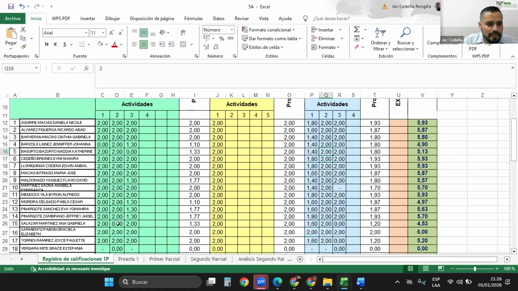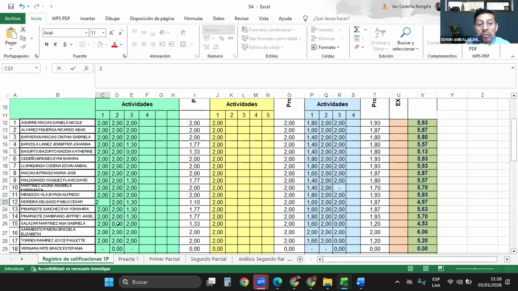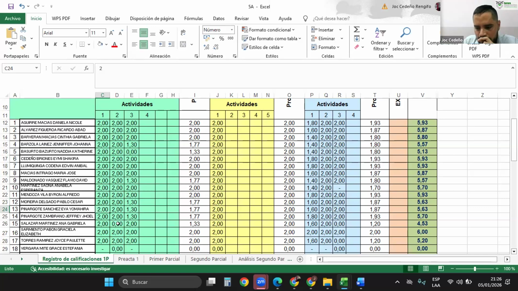Barzola, Moreira. Sarmiento. Aguirre. Here. Martínez.